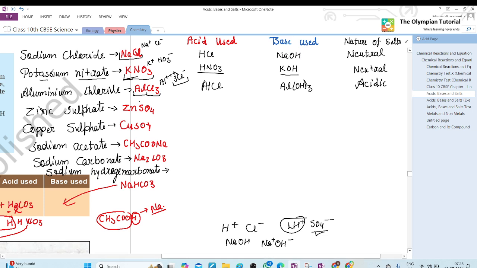Zinc ion is Zn plus plus, and sulfate means SO4 minus minus. Both will be neutralized, then we will get zinc sulfate. Thanya, acid used here?